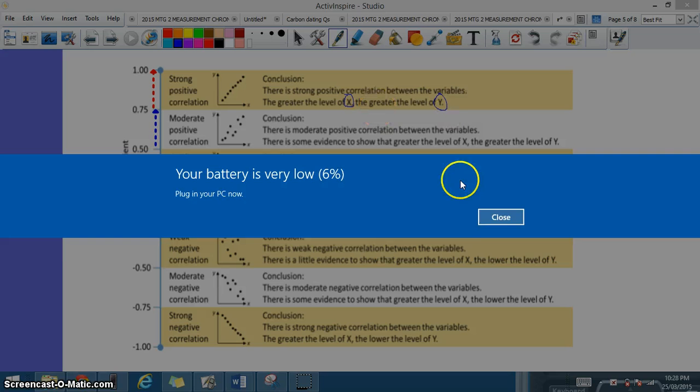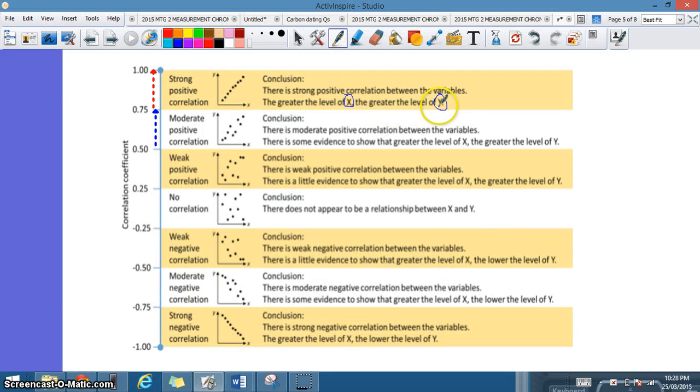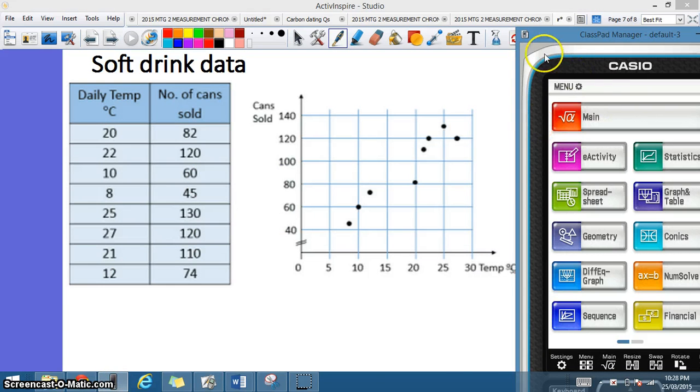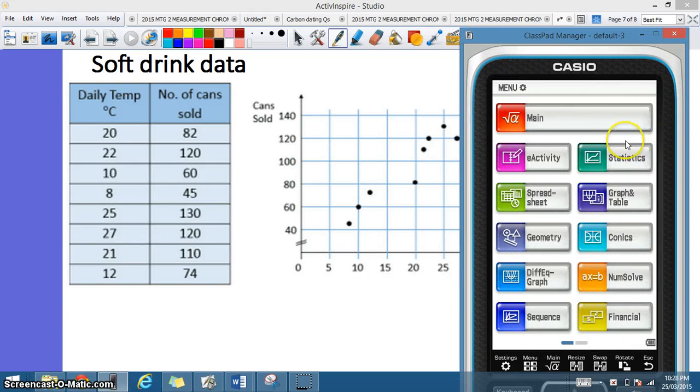So the X and the Y variable, you guys need to decide on what those are. First thing, go into the stat mode of your calculator and enter that data, and then I'll show you what to do.